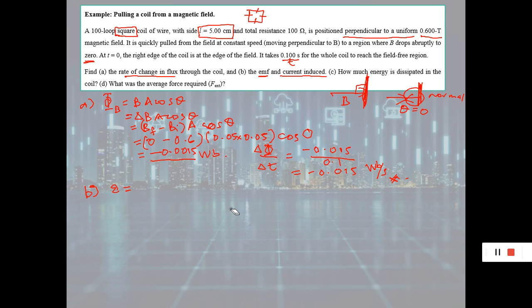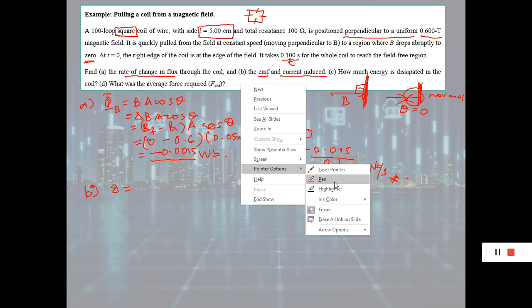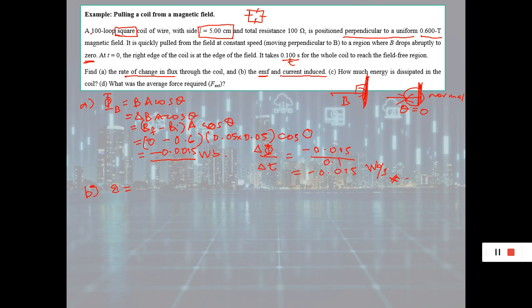Sorry, because I just noticed that for this loop we have 100 loops, so this is the n, the number of loops. So for the EMF, we can write EMF equals negative n changes in flux over changes in time, equals negative, n is 100.